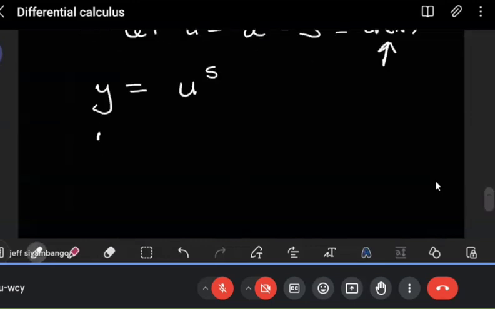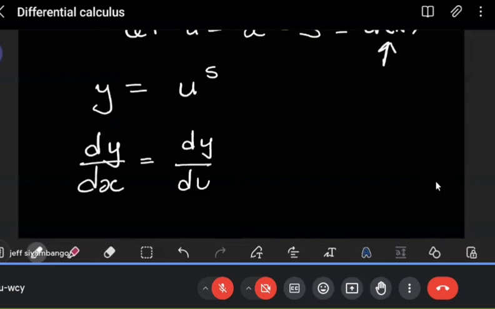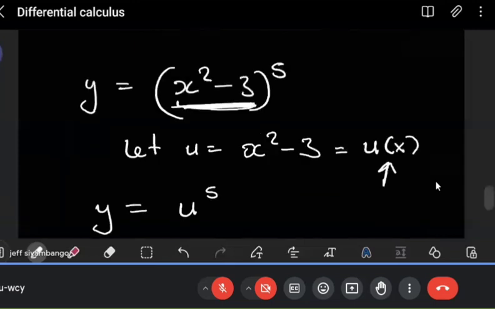So to differentiate y now with respect to x, what do you do? If you recall how we used chain rule, first differentiate y with respect to u. Then multiply this by the derivative of u with respect to x. If you think about it, this is exactly what we did here.